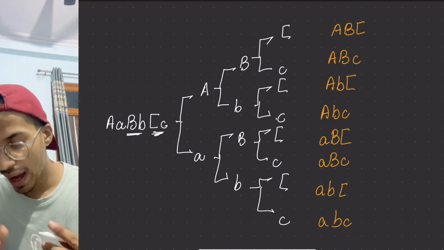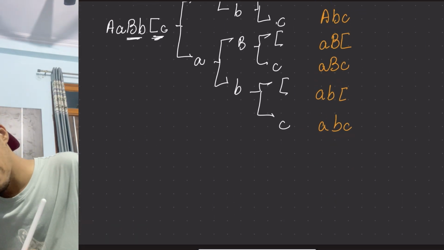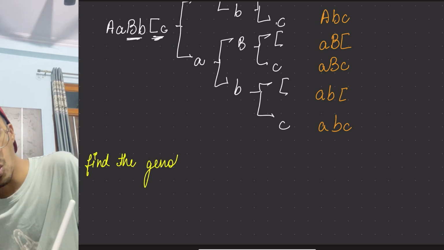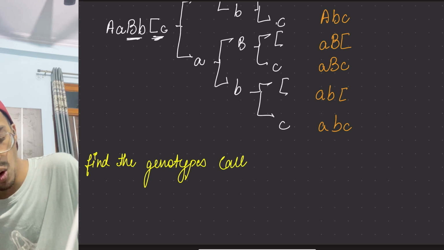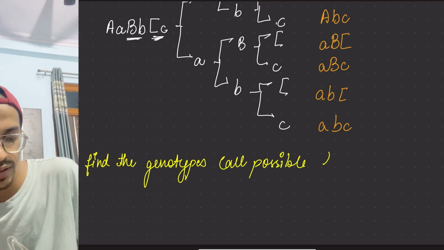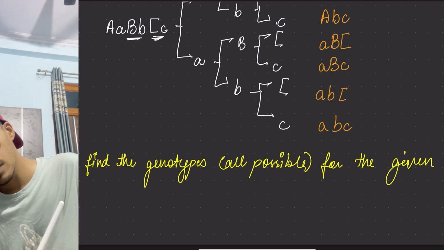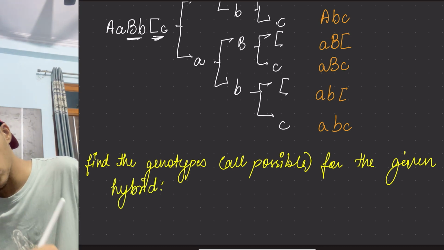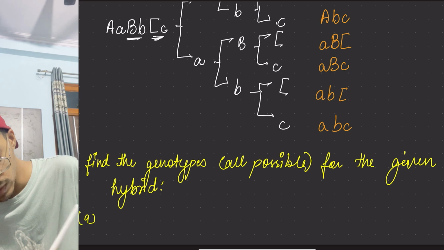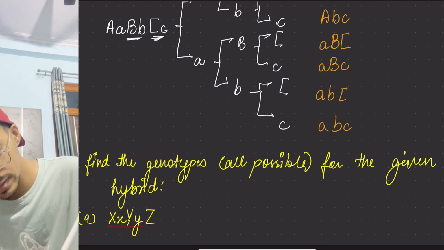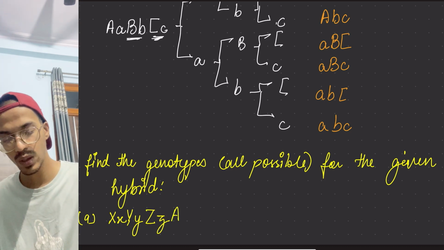Now my question to you for today is to find all possible genotypes of gametes for the given hybrids. The first question is X, X, Y, Y, Z, Z, A, A. You have to write it.